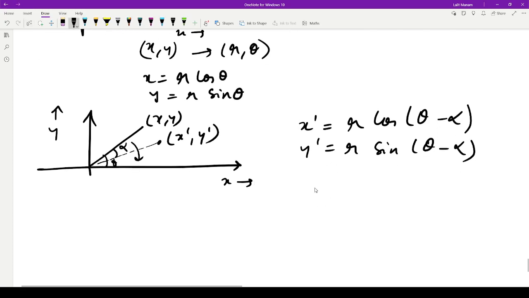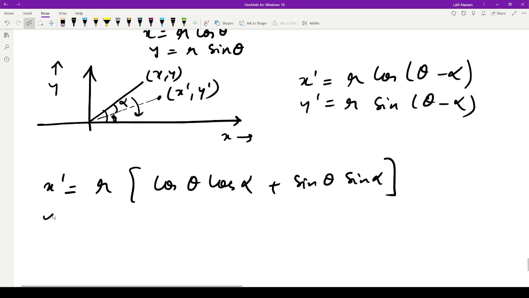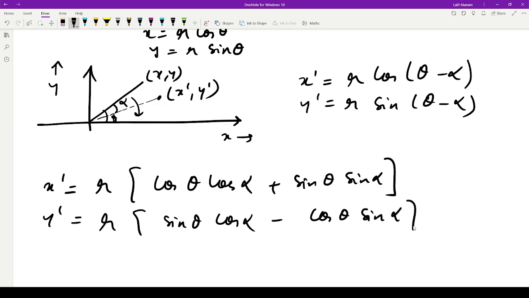So what we can do is just expand it. x prime is r times cos theta cos alpha plus sin theta sin alpha, and for y prime, it is r times sin theta cos alpha minus cos theta sin alpha. I'm just using the usual trigonometric identities. So what do you see?